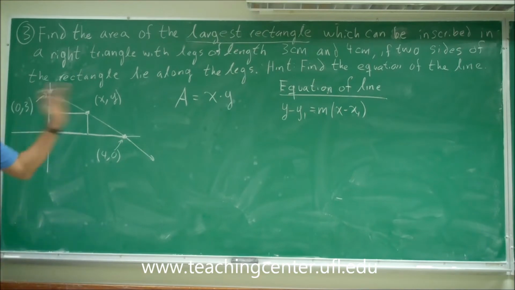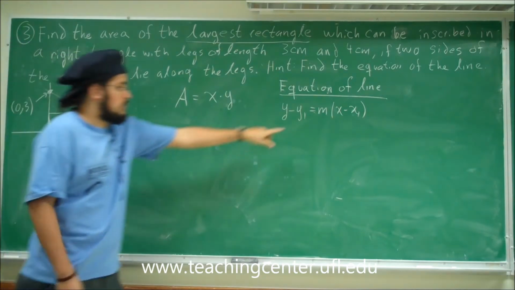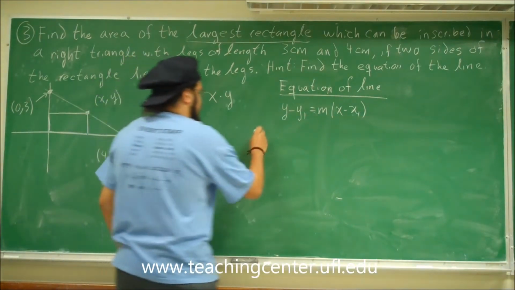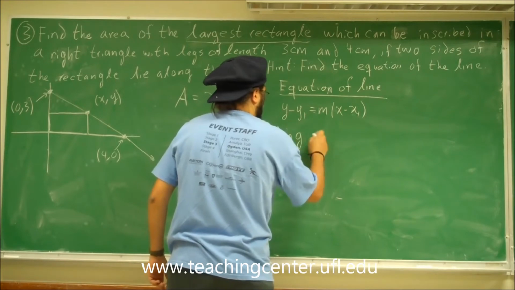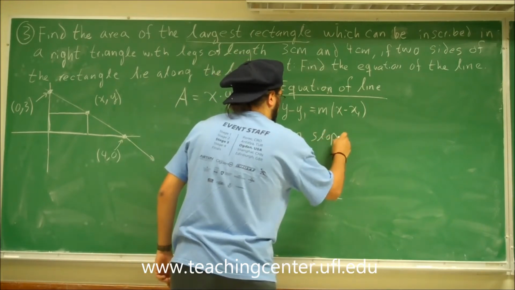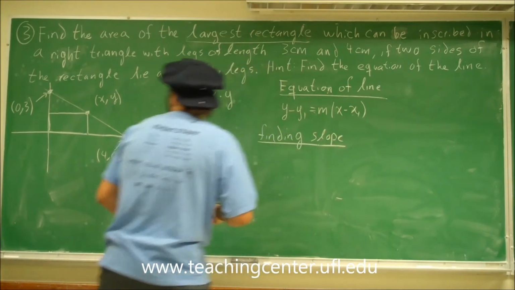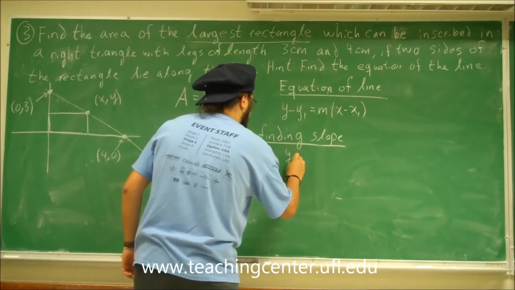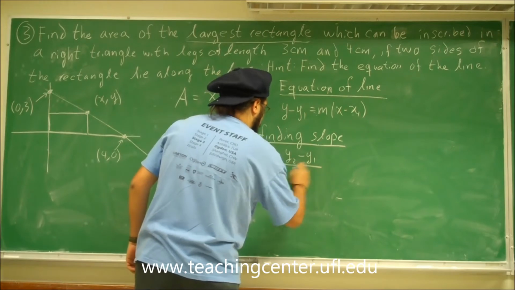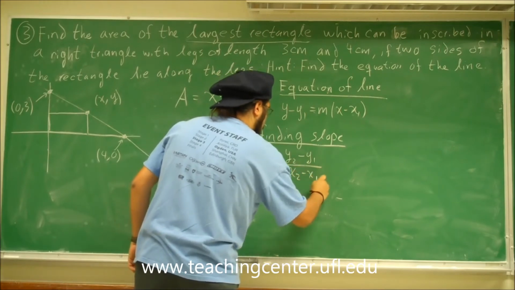Okay, so for the equation of the line, we have 2 points. Let's go ahead and find the slope from the 2 points, because we need the slope for this. So slope m is equal to y2 minus y1 divided by x2 minus x1.